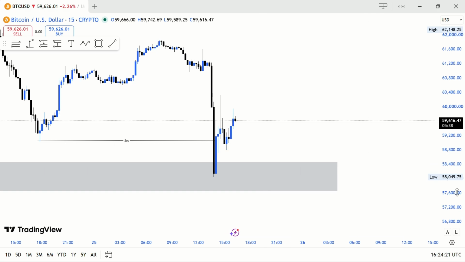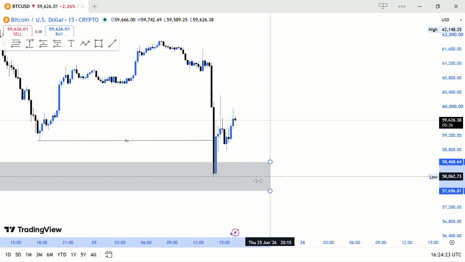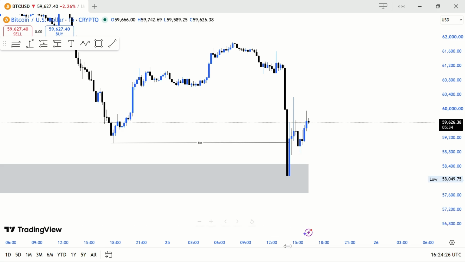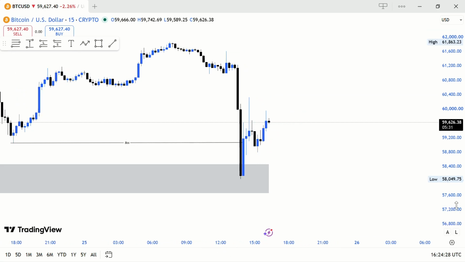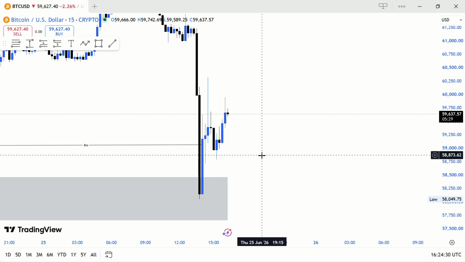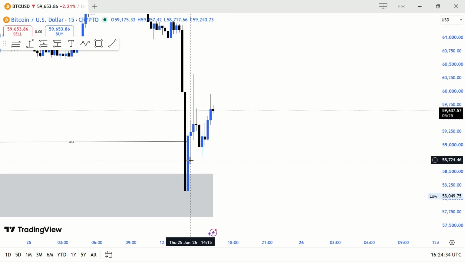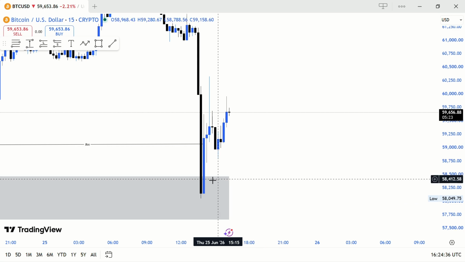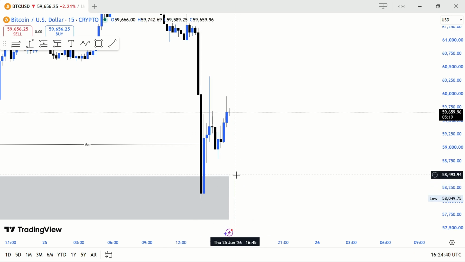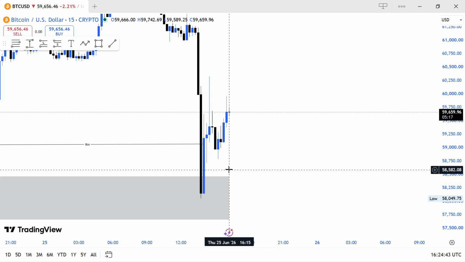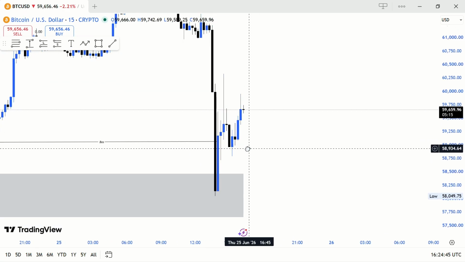So from our 15 minutes time frame, what do we notice? The market is kind of giving a buy scenario, because of course from this other block, what we should be anticipating is a buy.